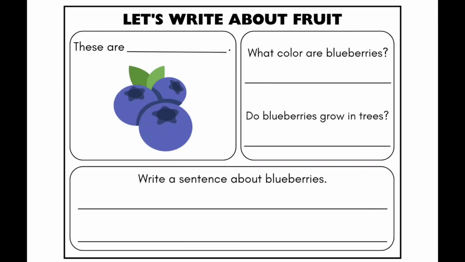What is the fruit? Yes, this is a blueberry, but there are many. So we can write here, these are blueberries. Do you know blue spelling? B-L-U-E, blue. Then berries, B-E-R-R-I-E-S.